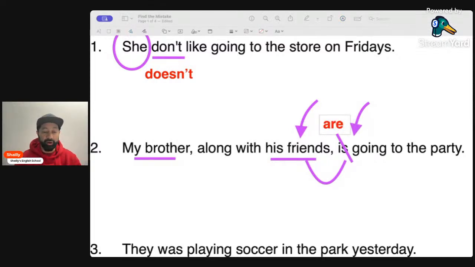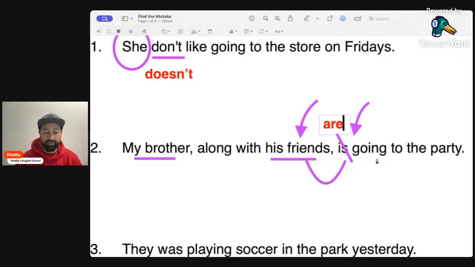So my brother, along with his friends, are going to the party. All right, so please match the verb with the nearest subject. That's a really good point to remember whenever you're writing or speaking English. Make sure it's the subject that's nearest to the verb.